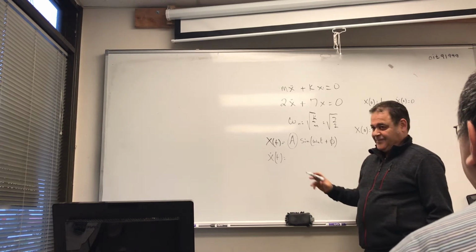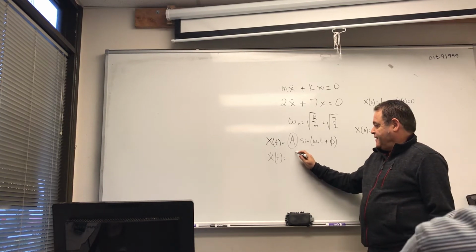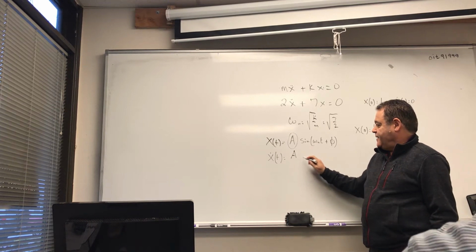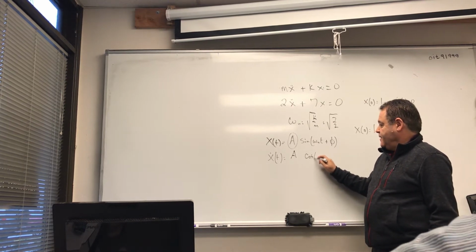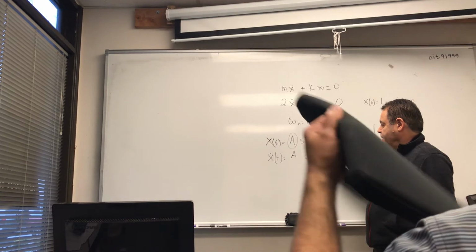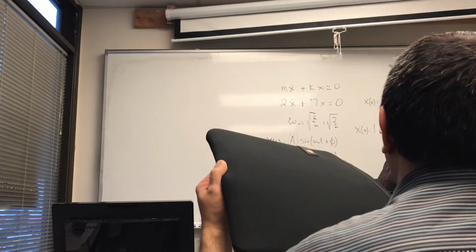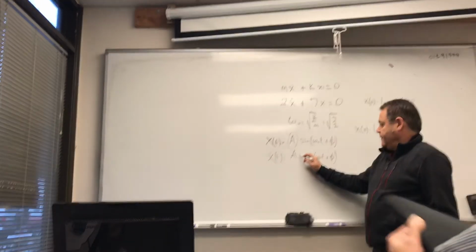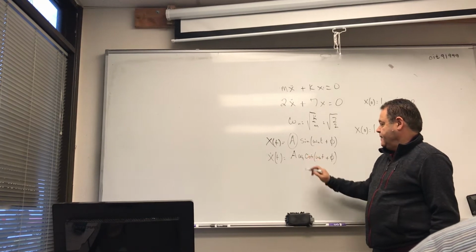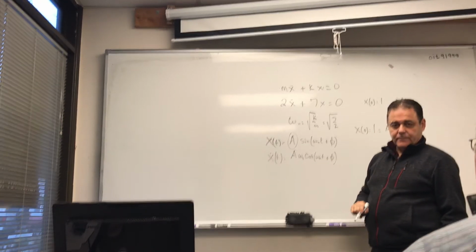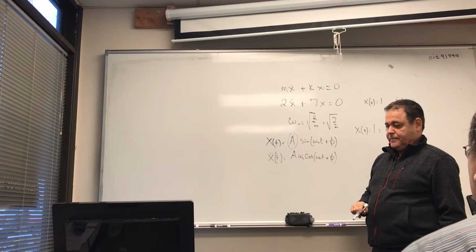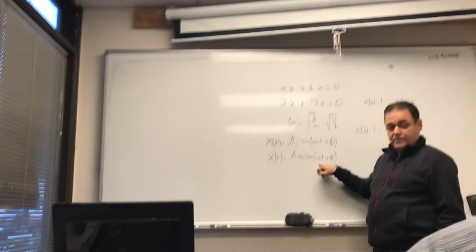It's A cosine(omega n t + phi) times omega n, since the derivative of sine is cosine.